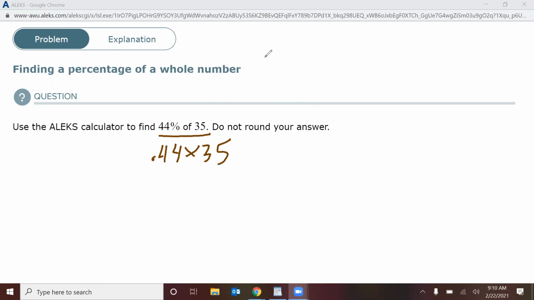So we just need to multiply them. And upon doing that, we get 15.4. And that's it. Remember, of means multiply, and write your percents as decimals. And that will make it so much easier.